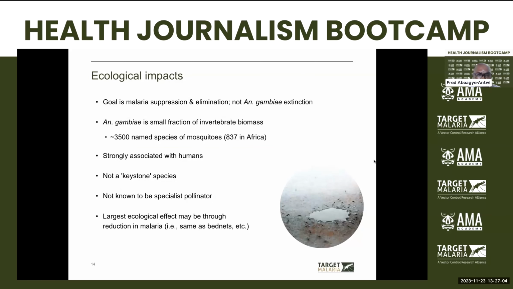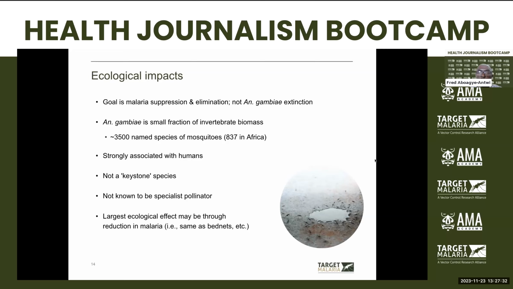When it comes to the ecological impact, our goal is the suppression of malaria, not to make the malaria mosquito extinct per se, but to significantly suppress malaria and, if possible, eliminate malaria.